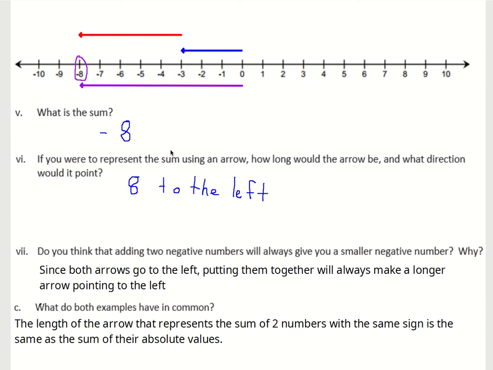So you should look right below this on your own paper. There's a rule there for us. If I add together numbers with the same sign, I can add together their absolute values and just use whatever sign they both have.